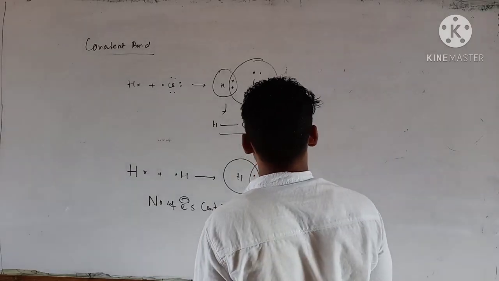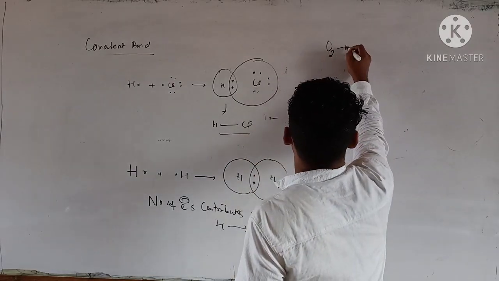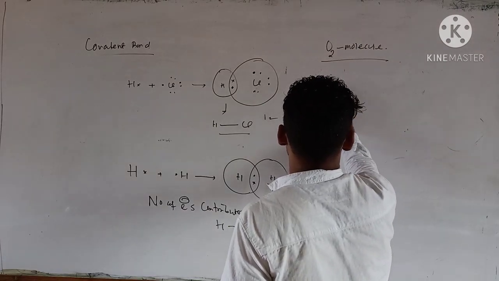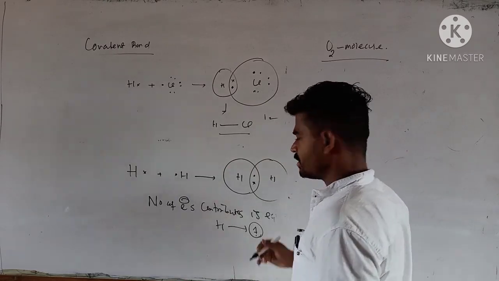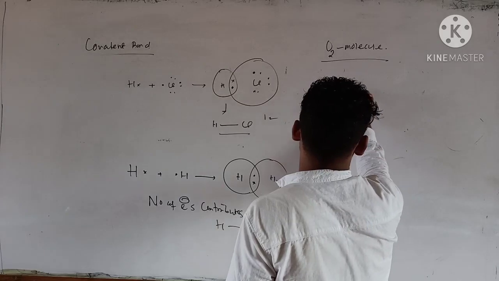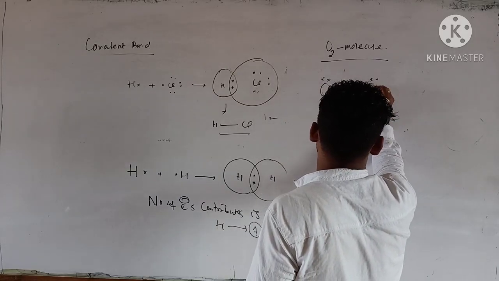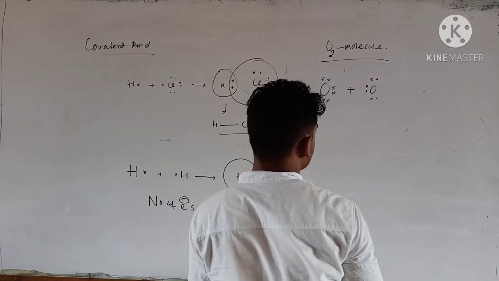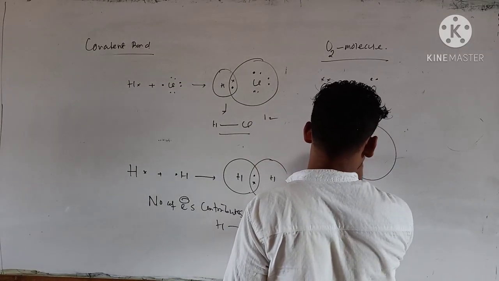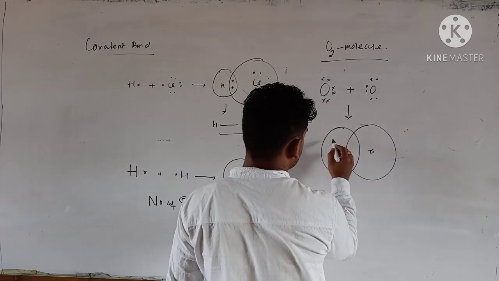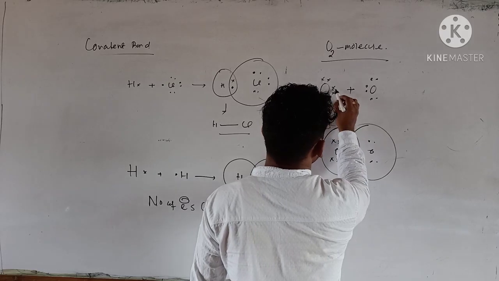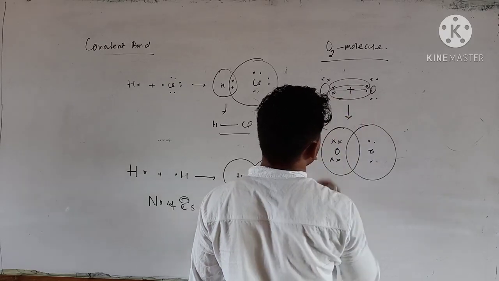Next, first I need to discuss the oxygen molecule, that is the O2 molecule. Just see, oxygen has how many valence electrons? That is 6. That oxygen plus another oxygen also has 6 electrons. So here these 2 electrons get shared.